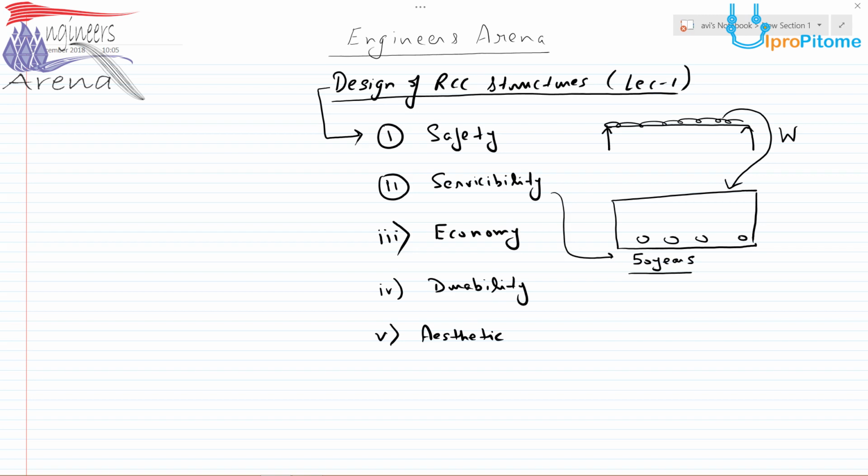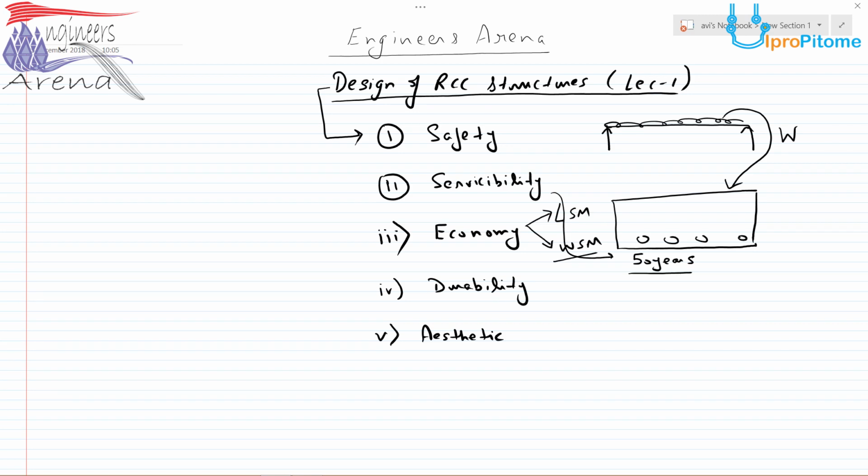Now the third term is economy. Economy is also very important, and we will study various methods to design. The first will be the limit state method and the working stress method. We will consider the working stress method first, then the limit state method, and then we will see which of these methods is more economical. Thereafter this will come in detail.